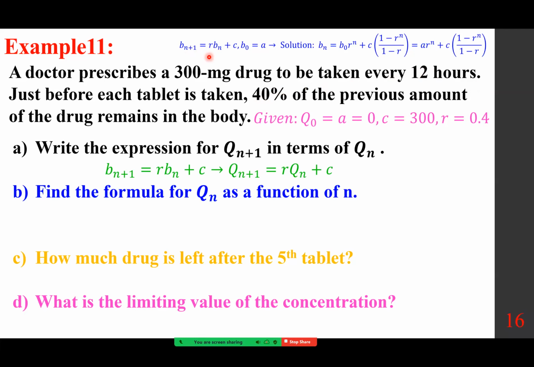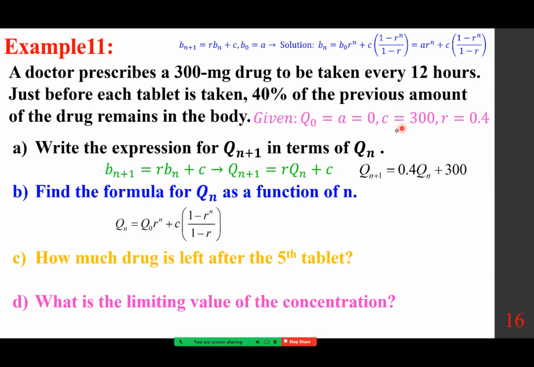And all I have to do is just go back to the given, replace the R with 0.4, C with 300. For Q sub n, I'm going to go to this formula and replace the B with Q. And again, given this is 0, R is 0.4, and C is 300.